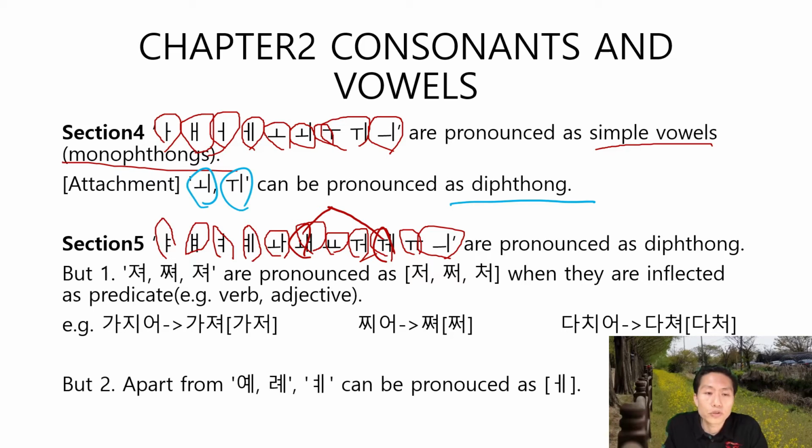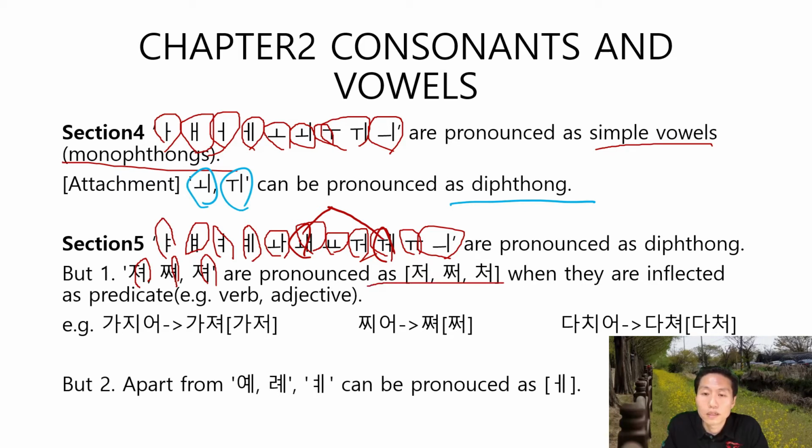Here, let's look at Part 1. As you can see, these vowels are, okay, they are the same. Diphthong, right? But pronounced as monophthong.